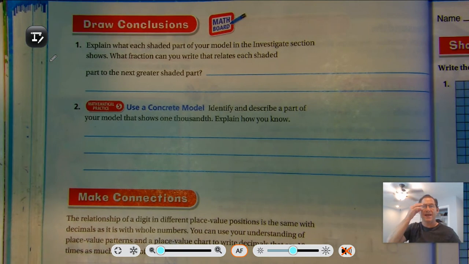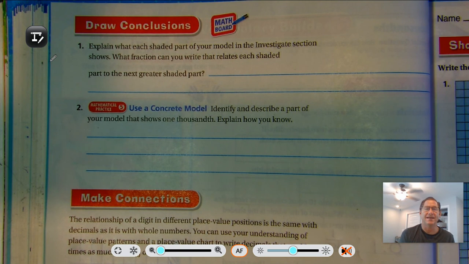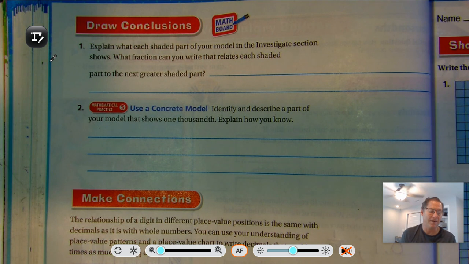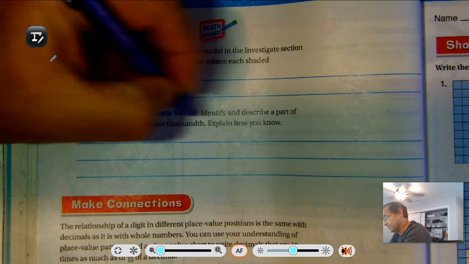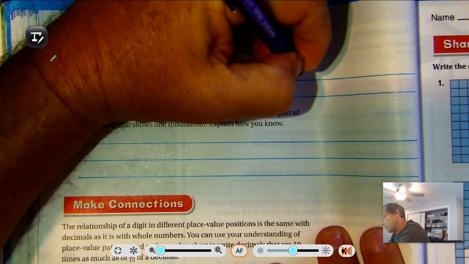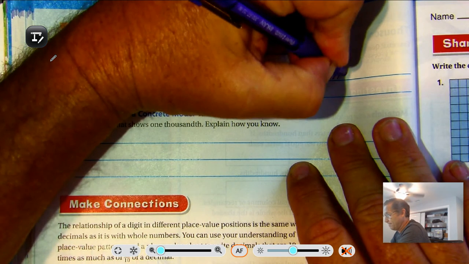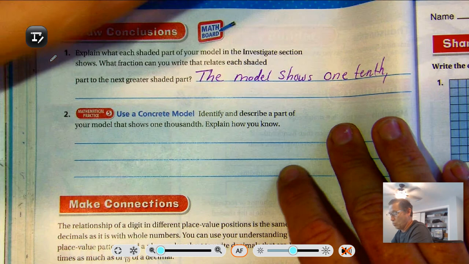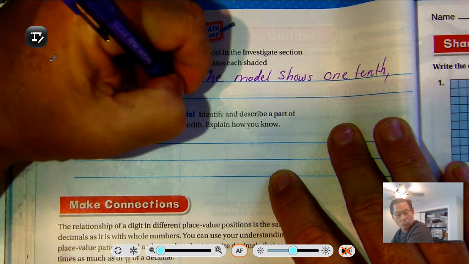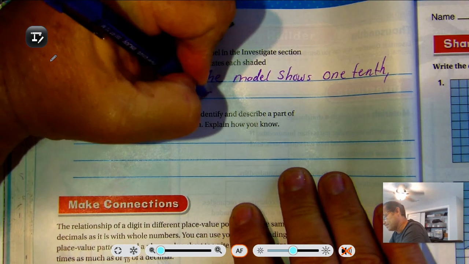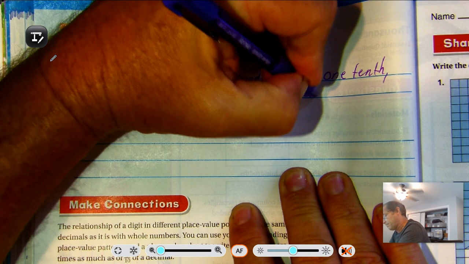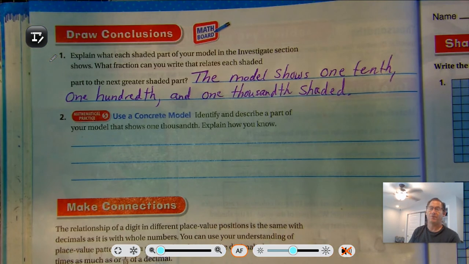All right, so number 1, explain what each shaded part of your model in the investigate section shows. What fraction can you write that relates each shaded part to the next greater part? So the model shows 1/10th, 1/100th, and 1/1,000th shaded, right?